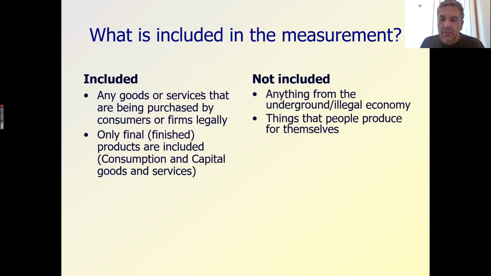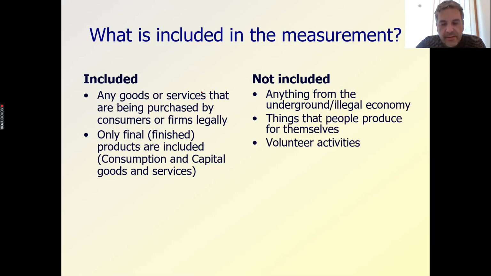If we were buying those goods in the supermarket, then we would actually count them in the GDP. So there are a lot of countries in which a high percentage of the population produce what they eat, for example, or they produce what they wear. They actually produce their own clothes, and that's not counted in the GDP.